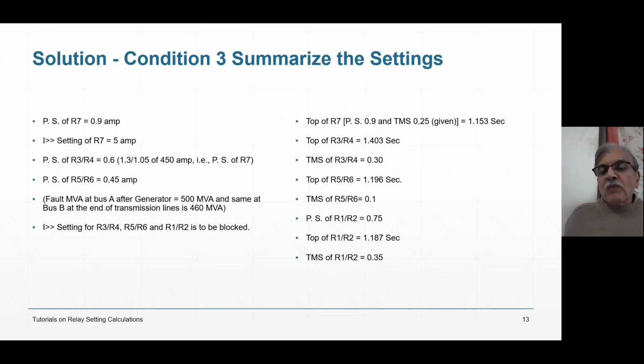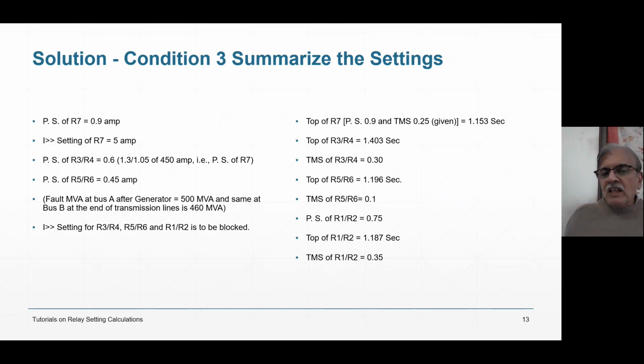So if I consider fault level 460 MVA, the current will be more than 5. That was my setting. So R7 will operate instantaneously and R3 and R4 may also operate instantaneously because their setting is very fast.